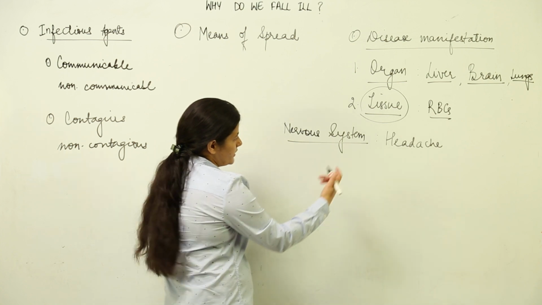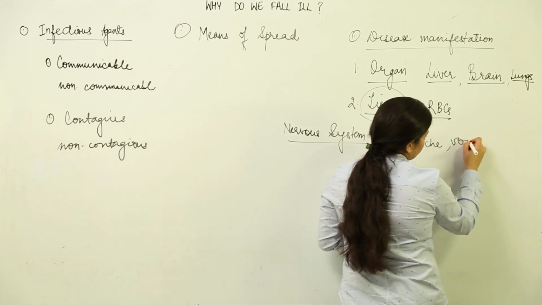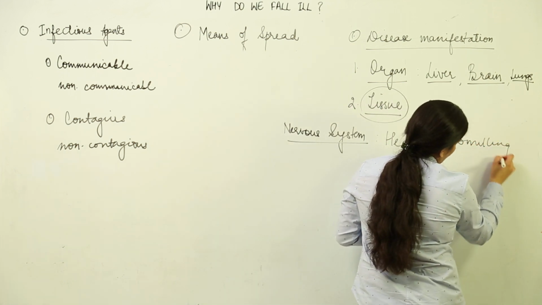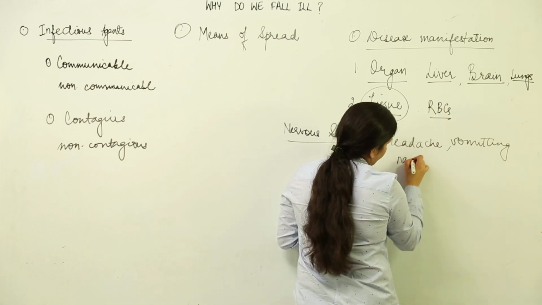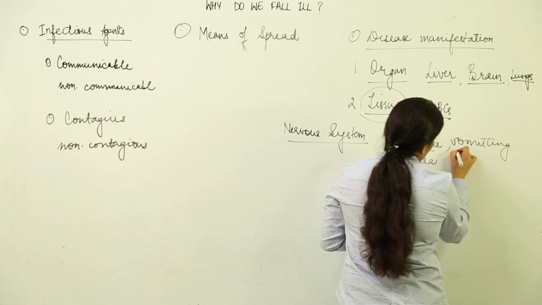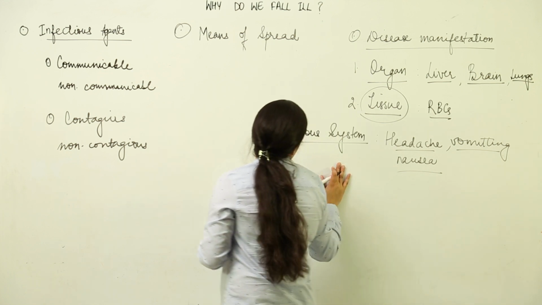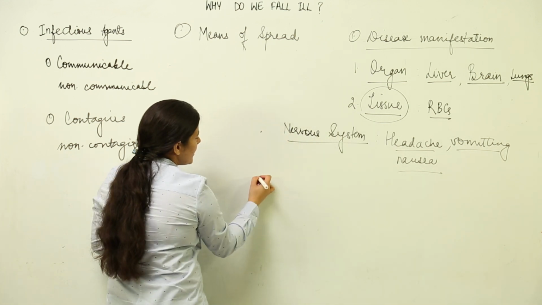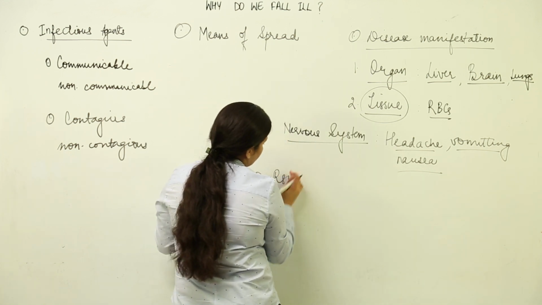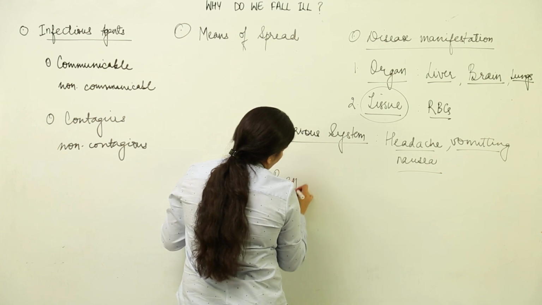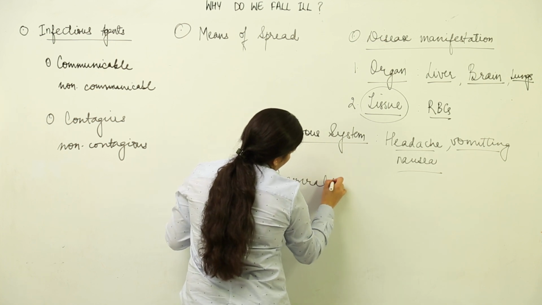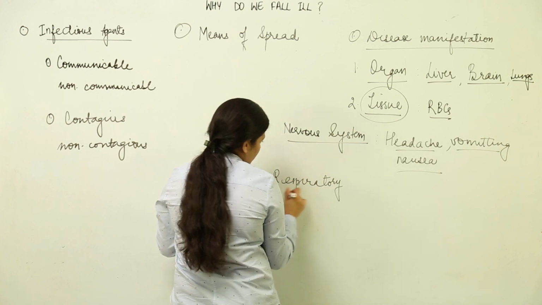And there could be vomiting, there could be nausea. These are the symptoms which are shown in the case of the nervous system. If we have the respiratory system, you know what parts are there in these systems, so you can associate the organs which would be infected.